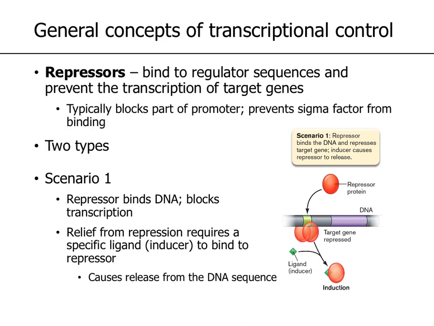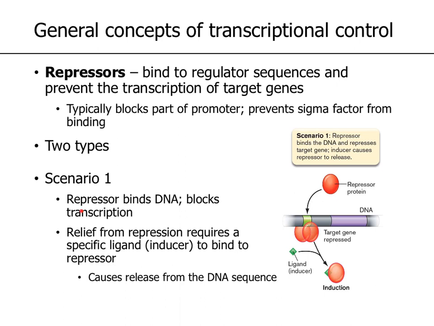All right, so we'll first talk about repressors. Repressors essentially bind to the regulatory sequences and prevent transcription of target genes. So they are essentially blocking the promoter sequence, and so the sigma factor can't find the actual promoter sequence. There are two types of repressors. This is where the ligands come in, and the two different scenarios depend on how the ligand interacts with the repressor molecule.